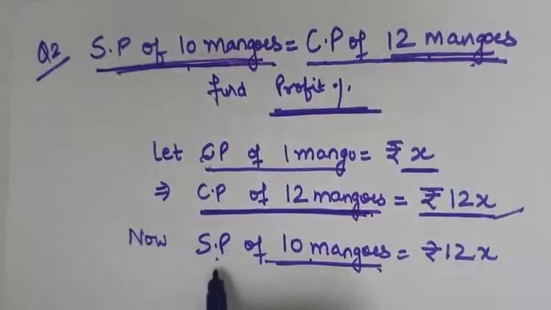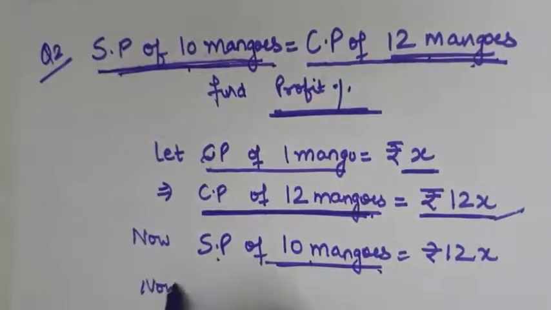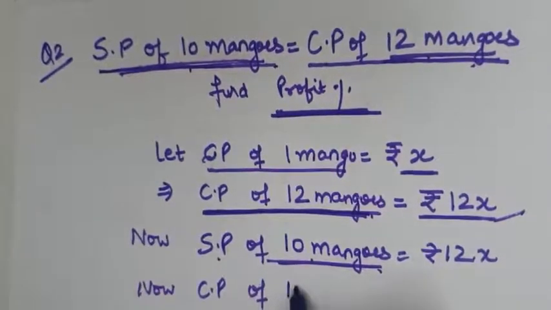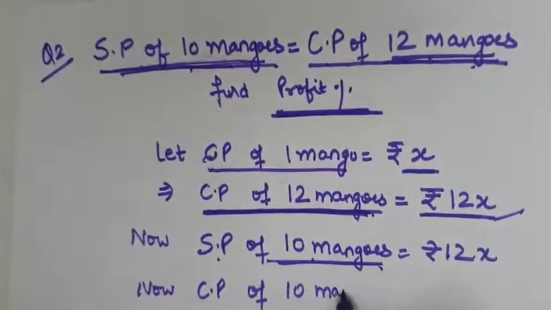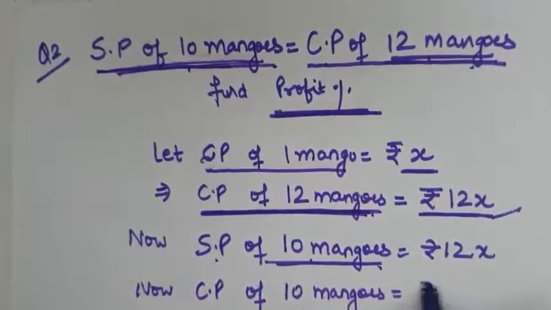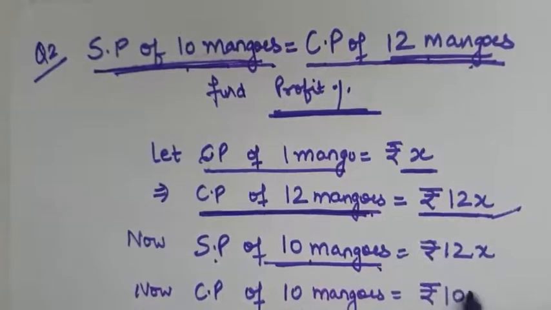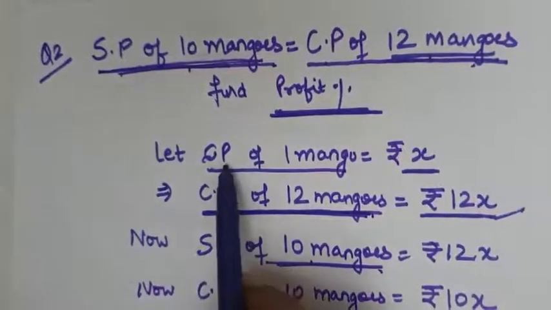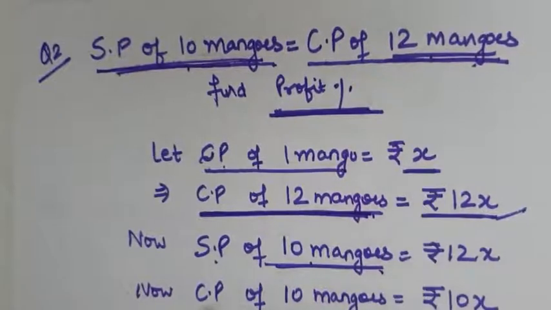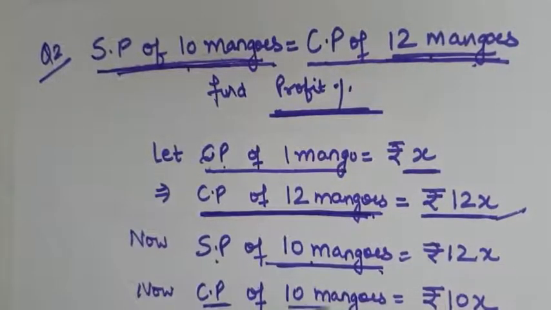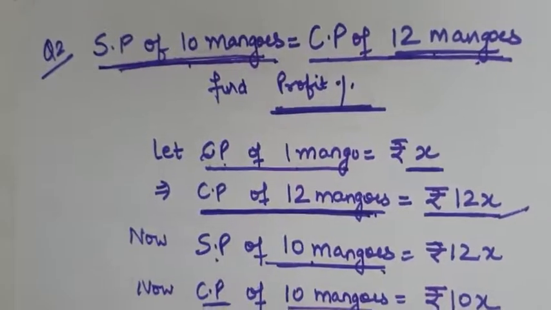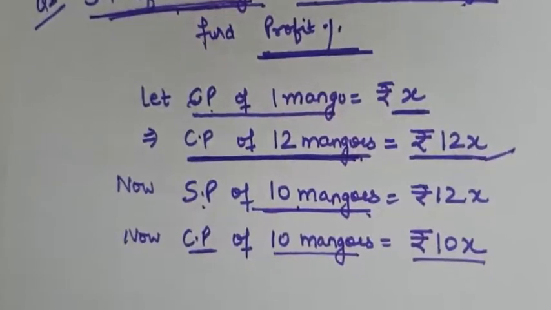Now, if we have to see what will be the cost price of 10 mangoes, that is very simple. That will be rupees 10x, because the cost price of 1 mango is x, so the cost price of 10 mangoes will be 10x. Now see very carefully.